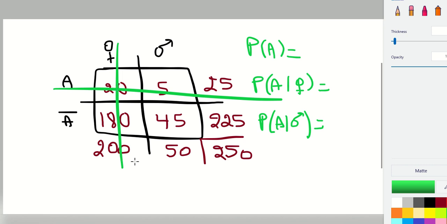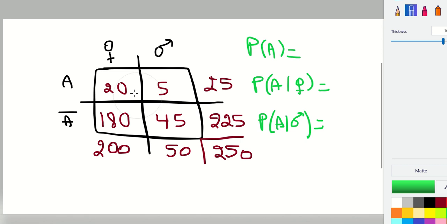Okay? However, if the values actually were not like that, so if, for example, the probability of getting an A for female was, let's say, 20%. Okay, that also automatically is going to change the total here.